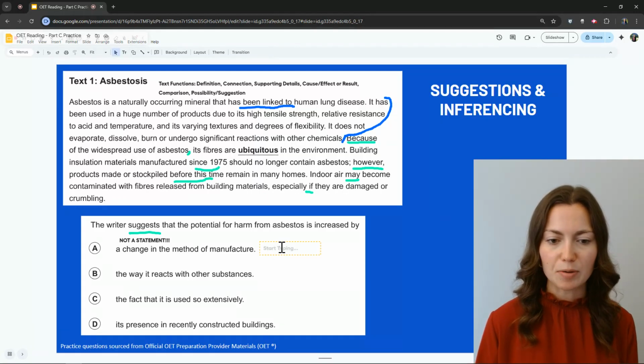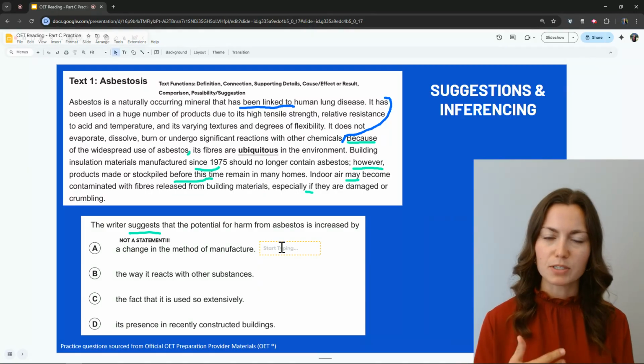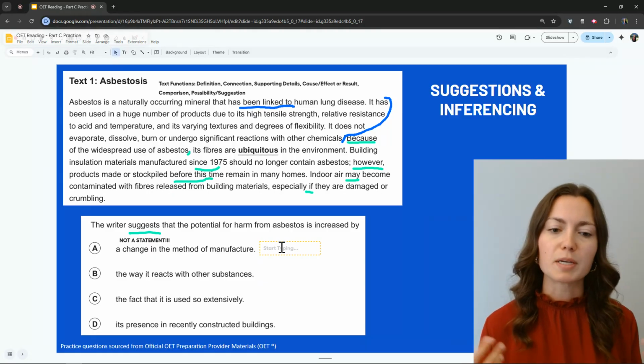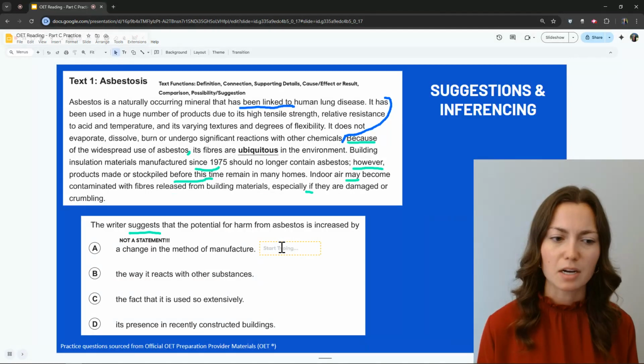So I'm going to show you how to do this. And if you haven't seen my previous videos where I talk about these types of questions, I would encourage you to do so because I go through some of the basics there of approaching this. Let me start here.